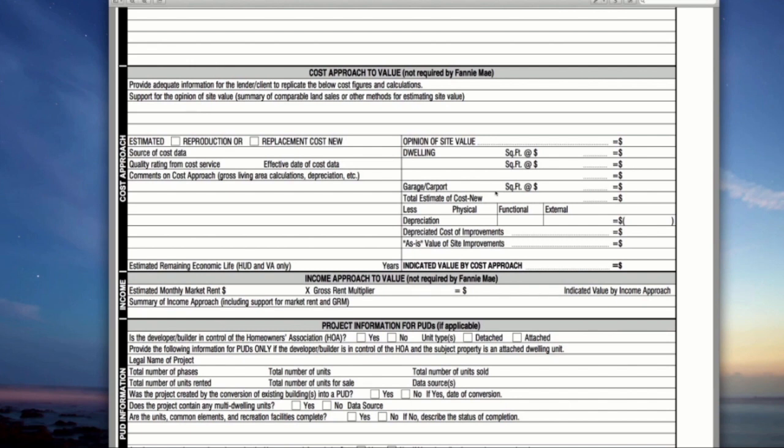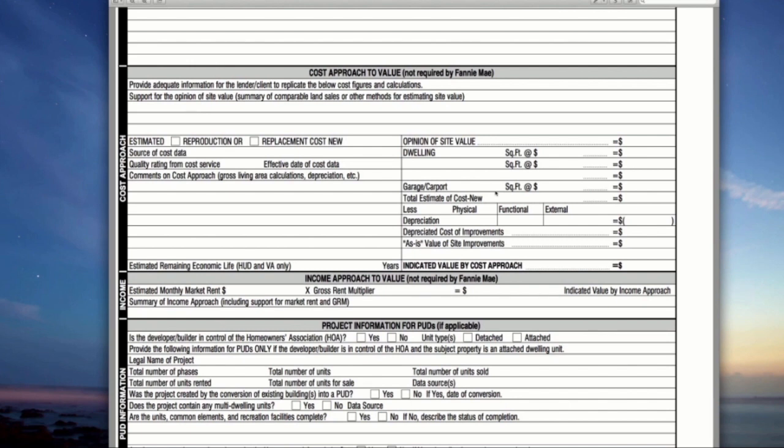If it's a 15-year-old house and you expect it to survive for 60 years, and it means there's 45 years left, there's some depreciation. The final indicated value used in the cost approach, if the appraiser is knowledgeable, it should be fairly close to what his opinion of value was in that $100,000 example I gave you.